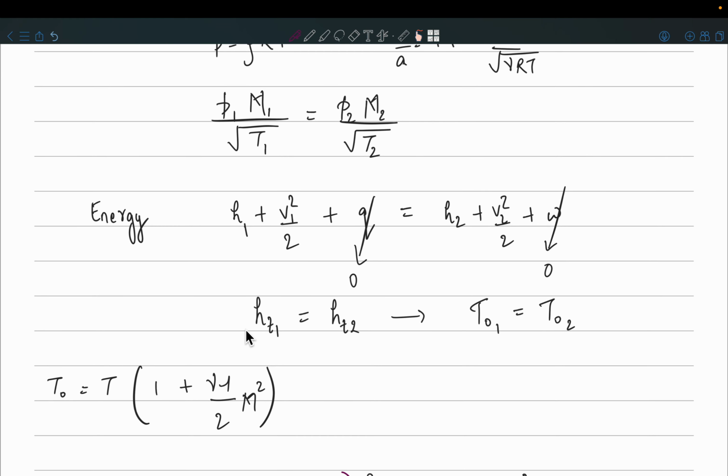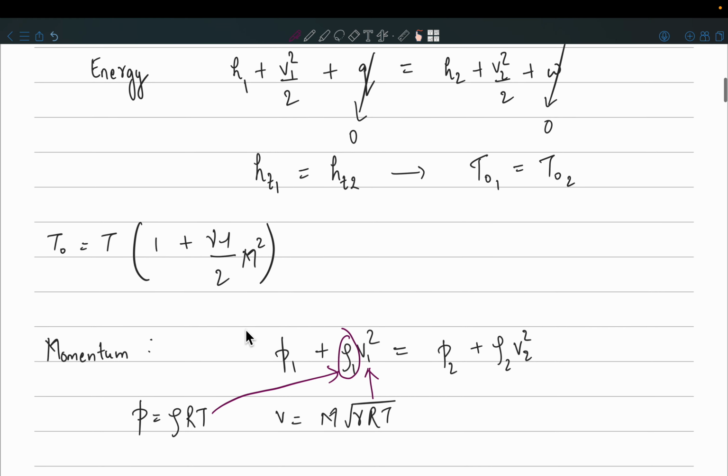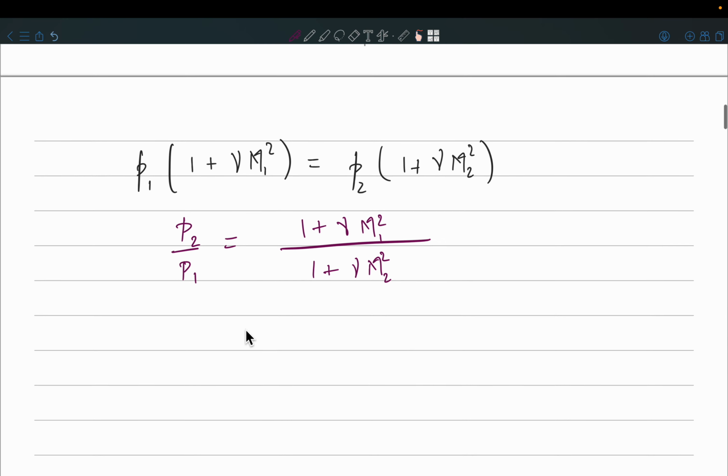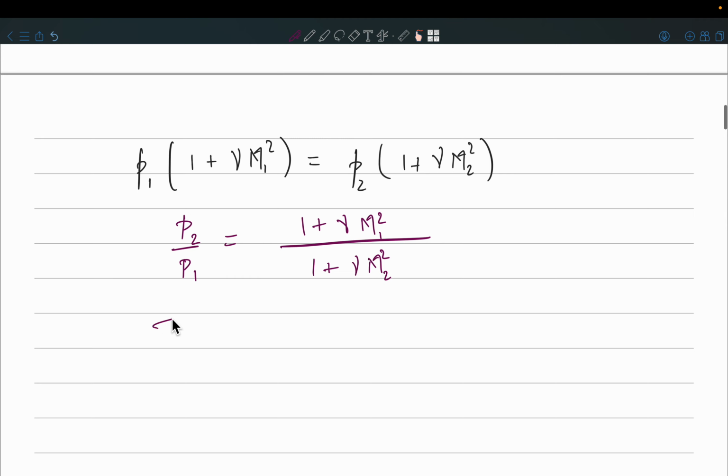Now can you tell me what happens to the temperature? How can we see that? We saw the energy equation. From there, if I derive the relation between T2 and T1, T2 by T1 will be 1 plus gamma minus 1 by 2 into which Mach number will come in the numerator?